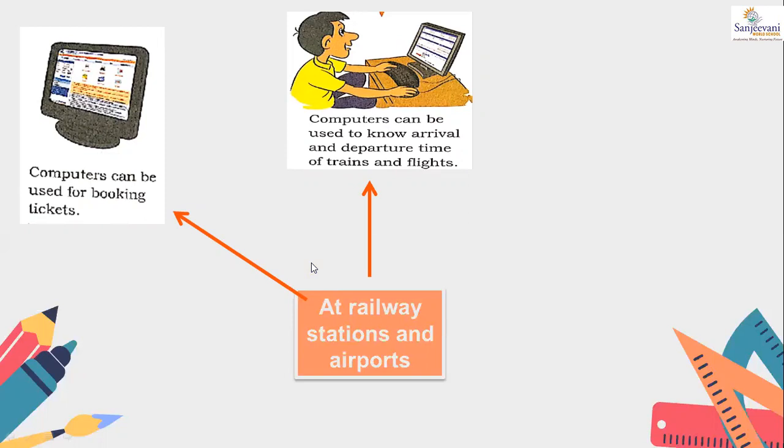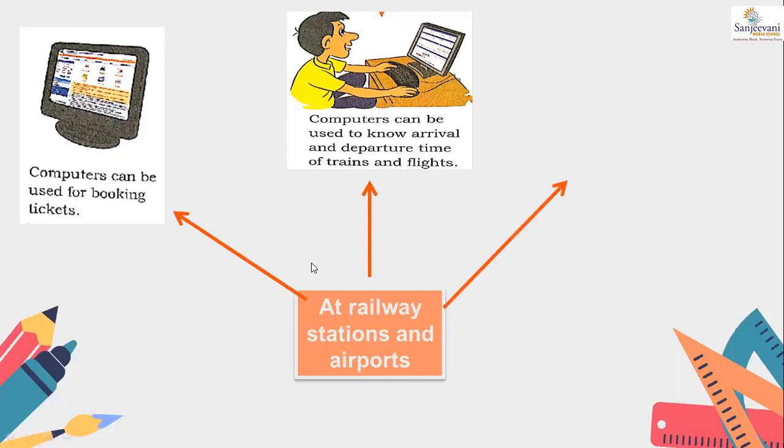When the train or flight is going to arrive at a particular airport, and when it is going to leave, all the timing details are stored, saved in a computer.